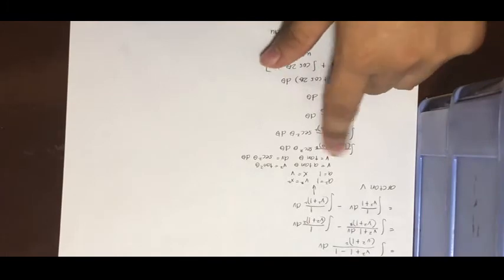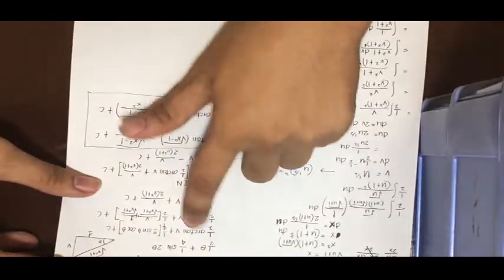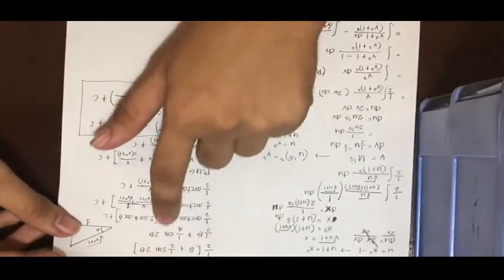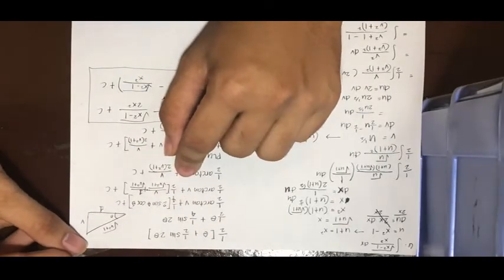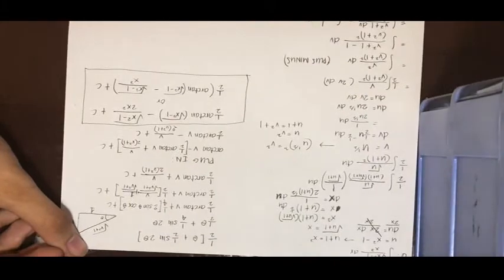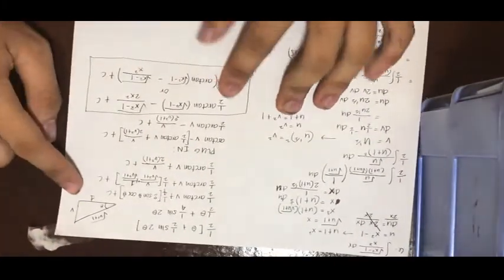So applying arctan to both sides, we get arctan v is equal to theta. So theta right here is equal to arctan v. Now sine 2 theta, we cannot really do anything about that unless we transform it to another form in order for us to actually utilize the triangle that we just made.